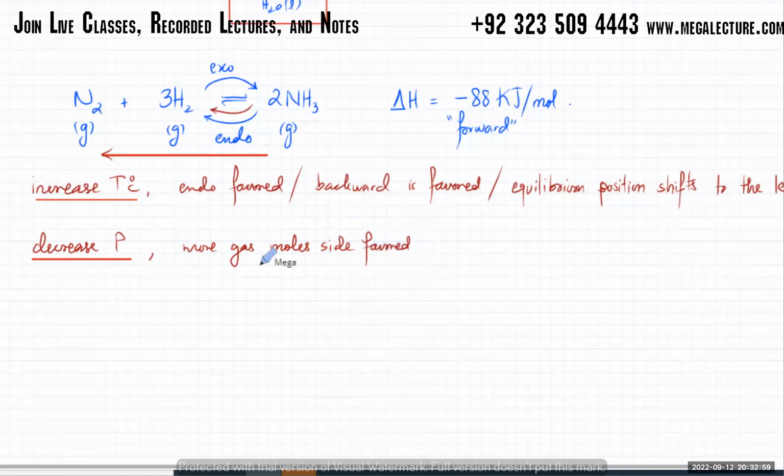तो आपकी जो दोनों साइडें हैं उसपे किस साइड पे gas moles ज्यादा हैं? You've got 2 moles of gas on the right side. And remember, left side पे you've got 4 moles of gas. Remember, only count gases. So more gas moles is the left side. So more gas mole side is favored, which in this case will be the backward reaction.